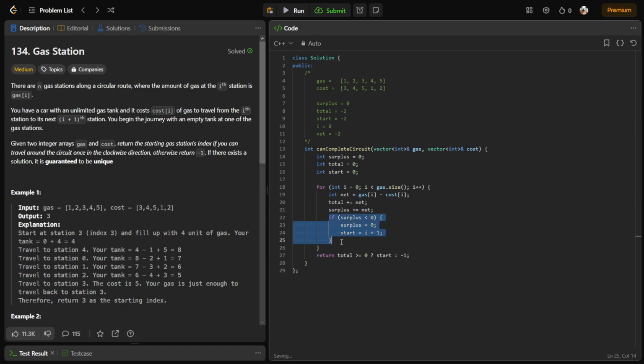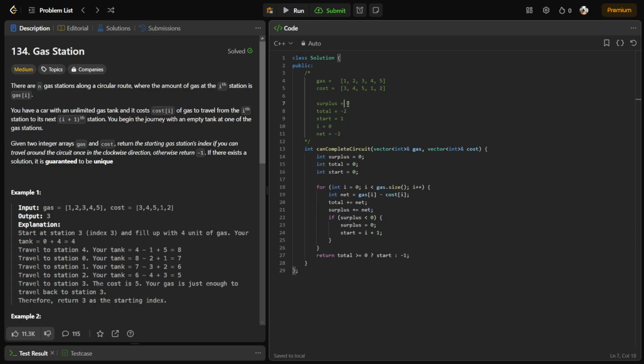Here, if my surplus is less than 0, I'm going to skip this starting position and start somewhere else instead. Surplus less than 0, so I set surplus back to 0. Since surplus is already 0, we don't have to do that. And start will now increment by 1. So i in this case is 0, plus 1 is 1.